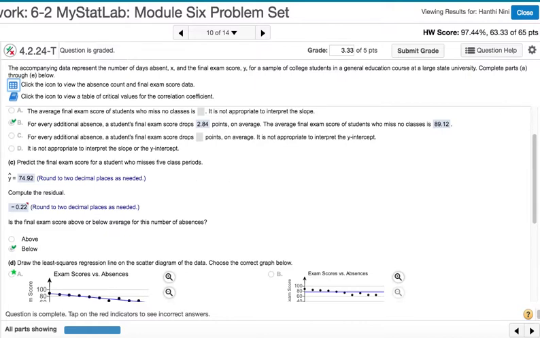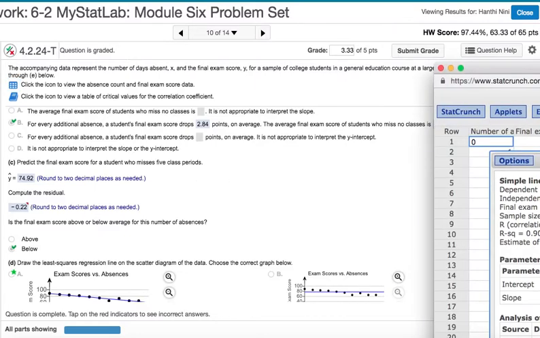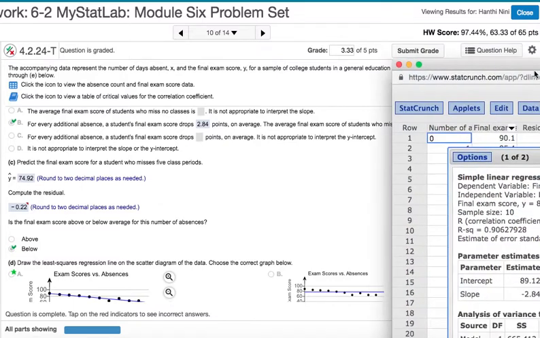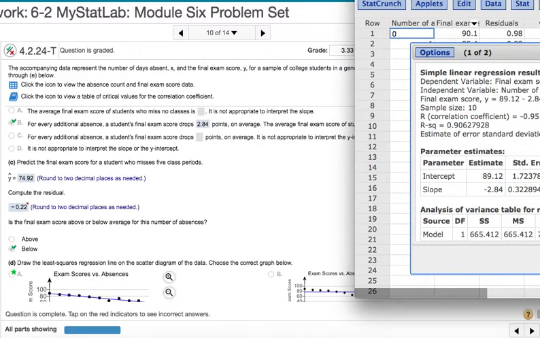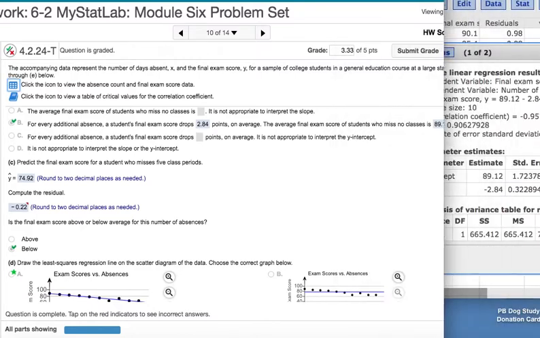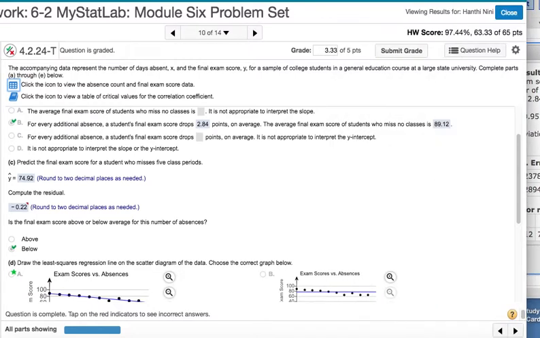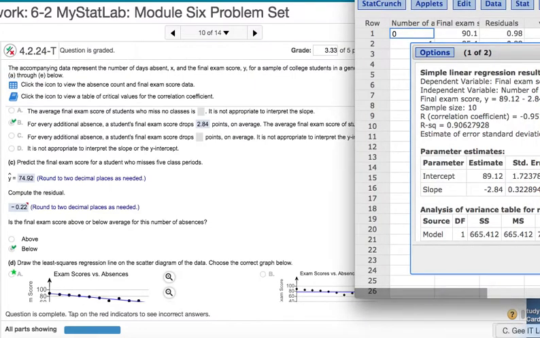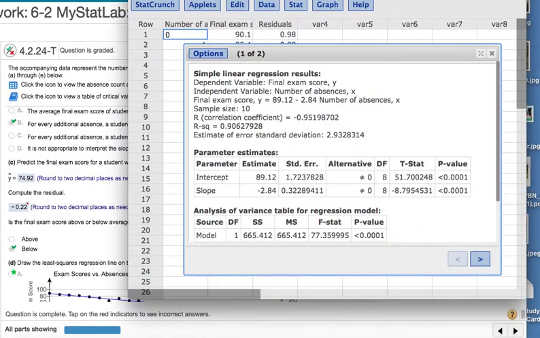And then we want to predict the final exam score for a student who misses 5 class periods. We're going to use the regression equation. I tried to write it out on a document, but we can just do it here.